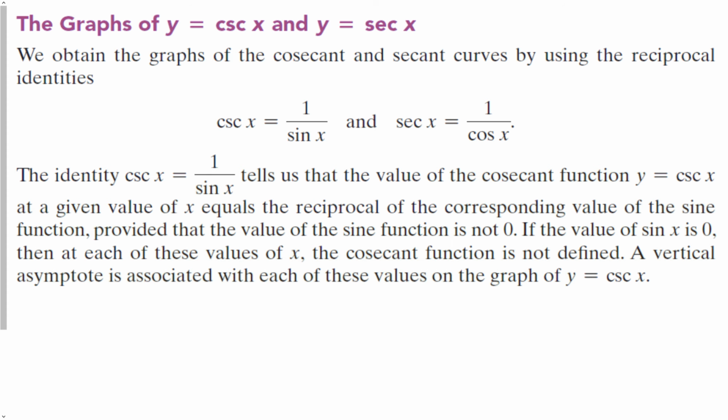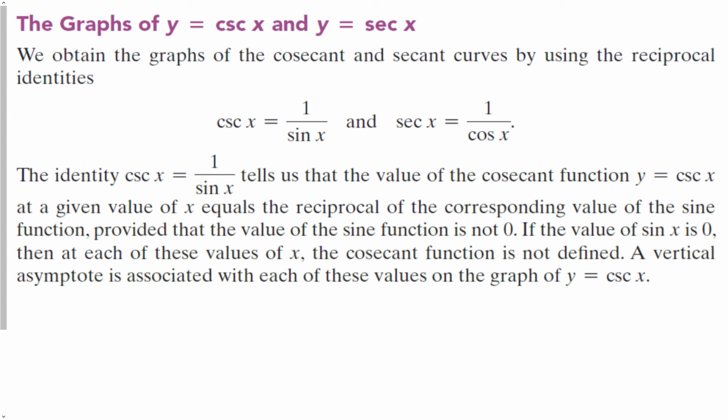These are reciprocal relationships. So the value of the cosecant is always just going to be the reciprocal of the sine. If I know the graph of the sine, I can just take the reciprocal of that graph. It's easy to take a reciprocal of a fraction, a little bit harder to take a reciprocal of a graph.